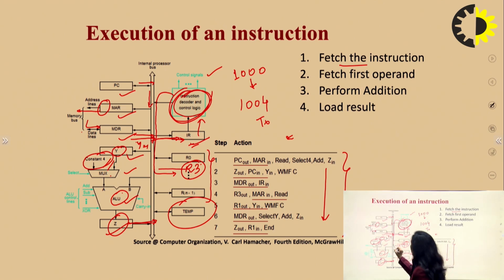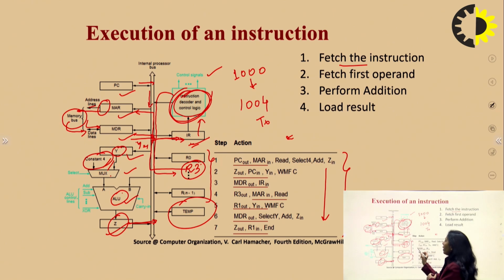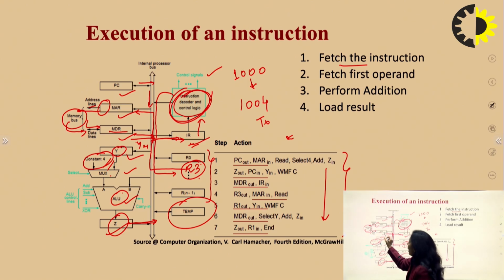Now, again this address will move to the MAR. This MAR will be read by the memory via the address bus. That memory will give the actual value that was lying inside the register R3 and will provide the value to the MDR. This MDR will send the value to the bus. This bus will again send the value to the instruction register.